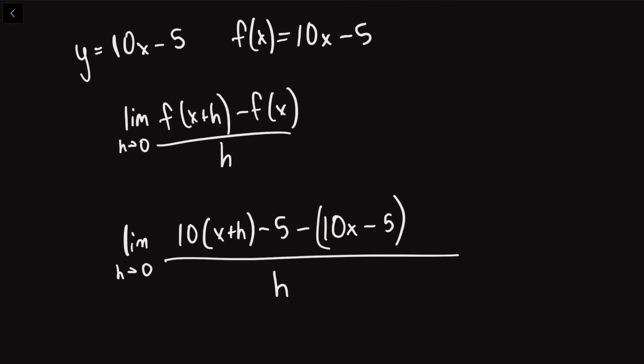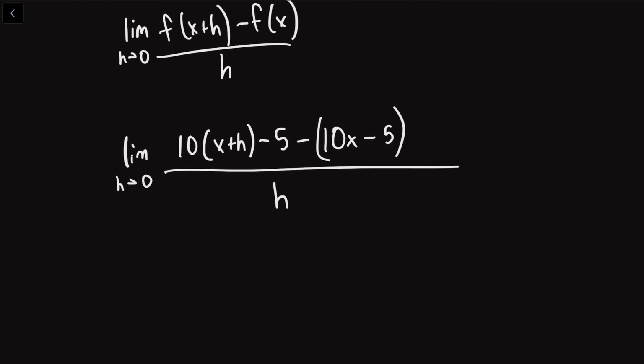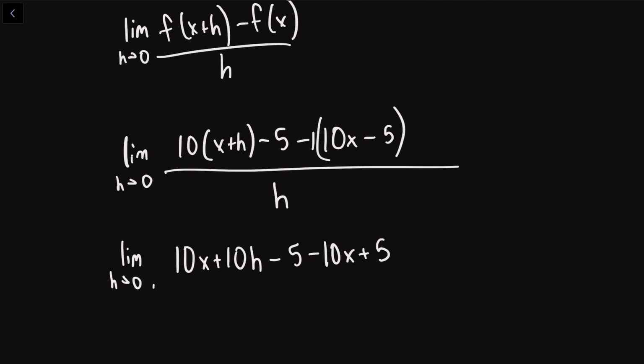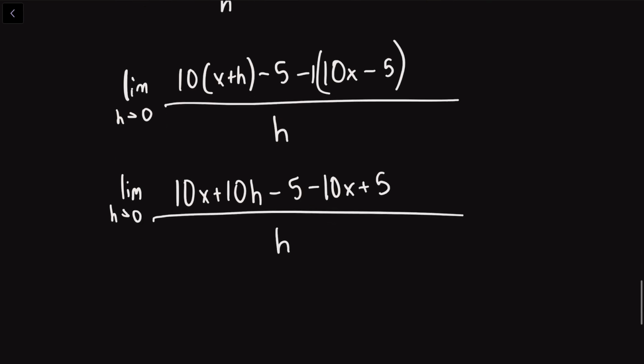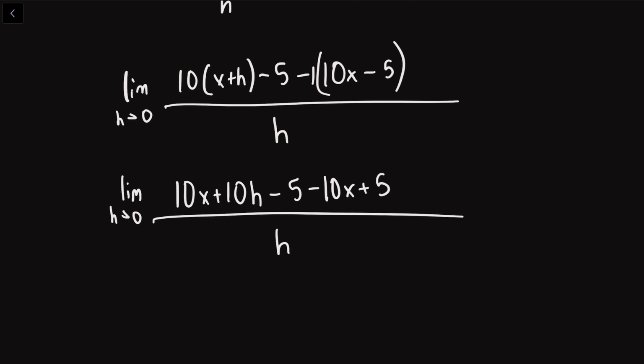Okay, so let's now distribute our 10 and our negative 1 right here. This is kind of like a negative 1. Simple stuff. Now we can do a little subtraction, and then we can divide out this h, and we get the limit as h approaches 0 equals 10.